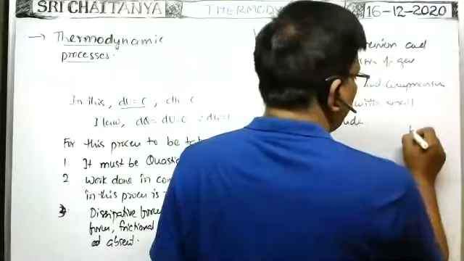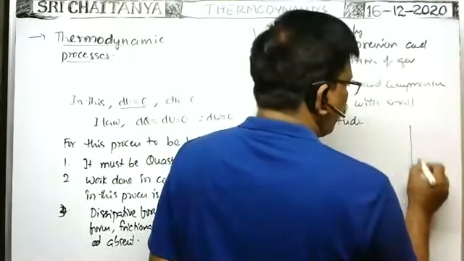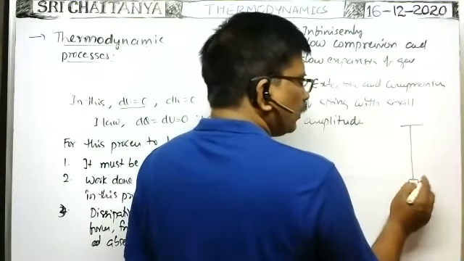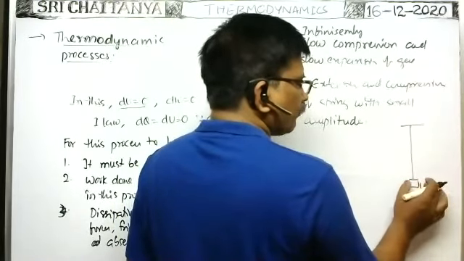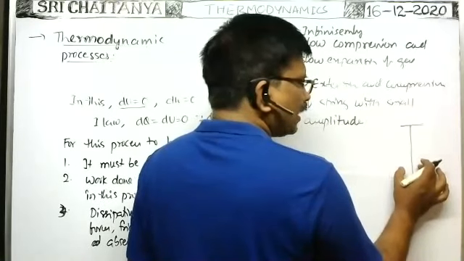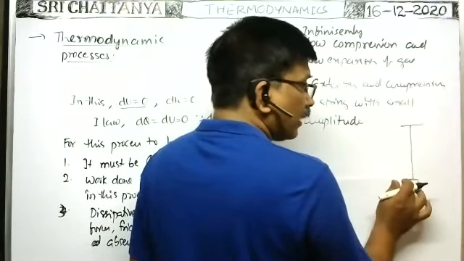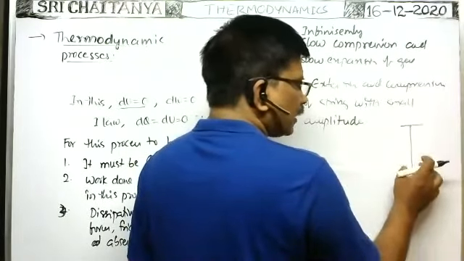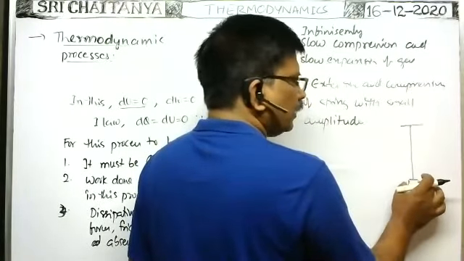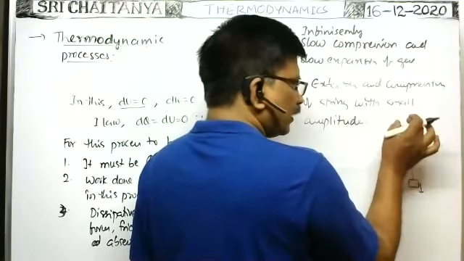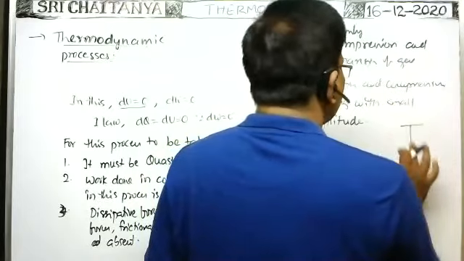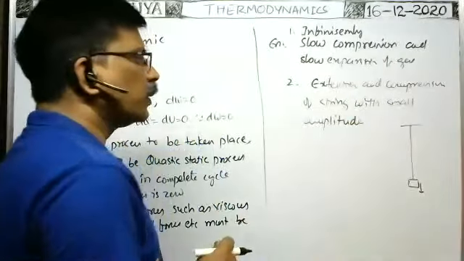Suppose you take an elastic rubber and connect a block. From the equilibrium position, if you pull the block very slowly and release it, then it moves up and down very slowly, because the amplitude of oscillation is very small and cannot be seen. So when it is oscillating with very small amplitude, extension and compression take place at a small rate. In such cases, they obey the reversible process.